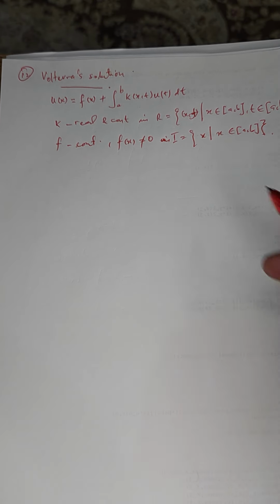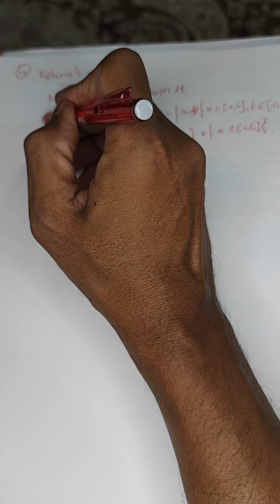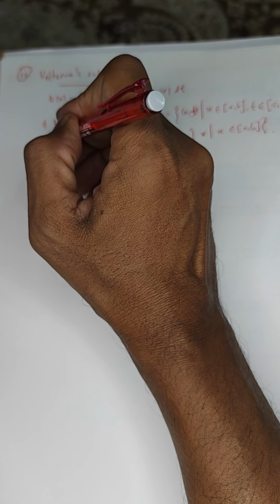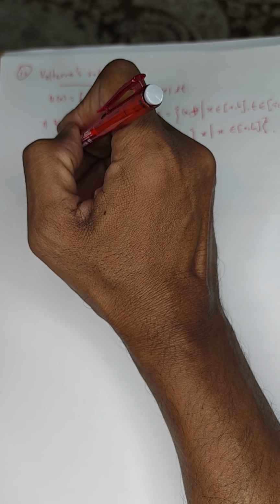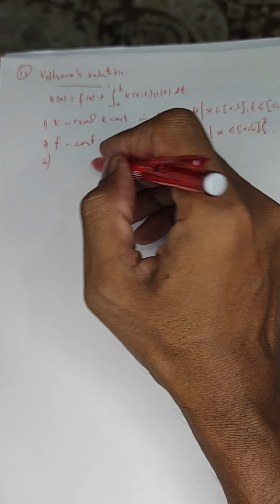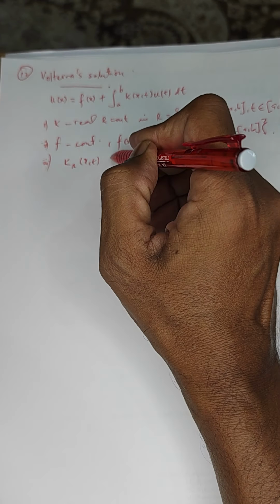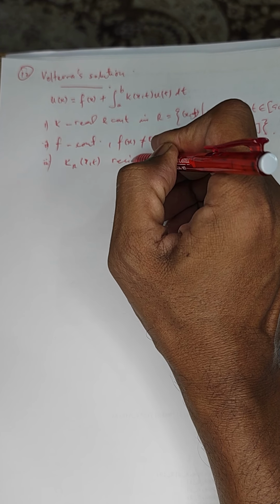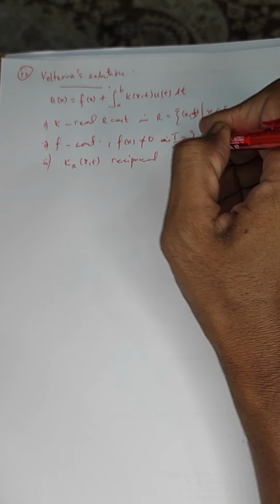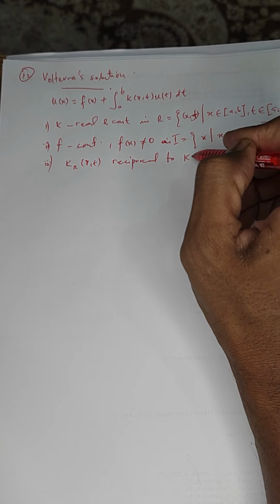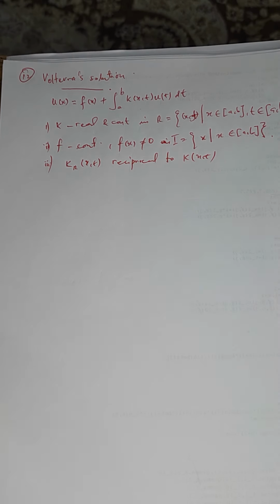So we have these three conditions: a function k_r(x,t), reciprocal to k(x,t), exists.